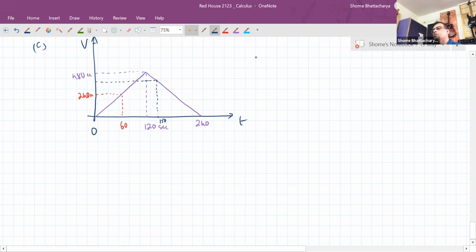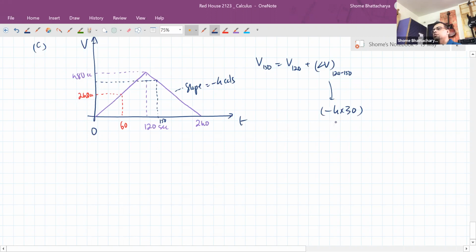Okay, so volume at 150 will be equal to volume at 120 plus change in volume from 120 to 150. So in this second part, you can see that the slope was how much? It was -4 cubic centimeters per second. Okay. So this change in volume will become -4 multiplied by 30 seconds.